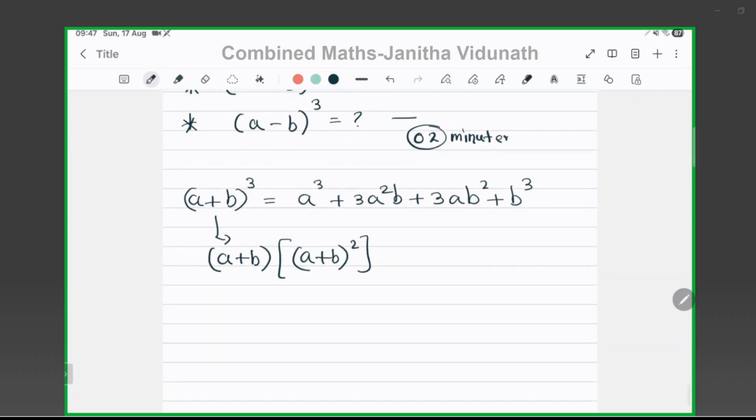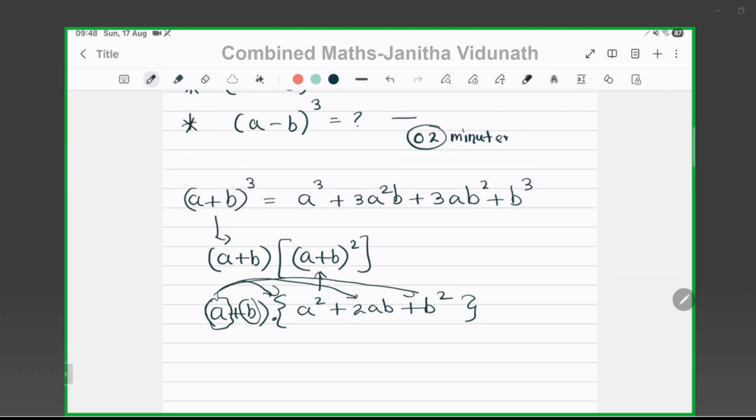Then we know to expand this term. Here we get a plus b, and we can expand a plus b whole square as a square plus 2ab plus b square. Then after removing brackets, we multiply this term with all the terms inside the bracket and separately multiply this term with all the terms in the brackets.